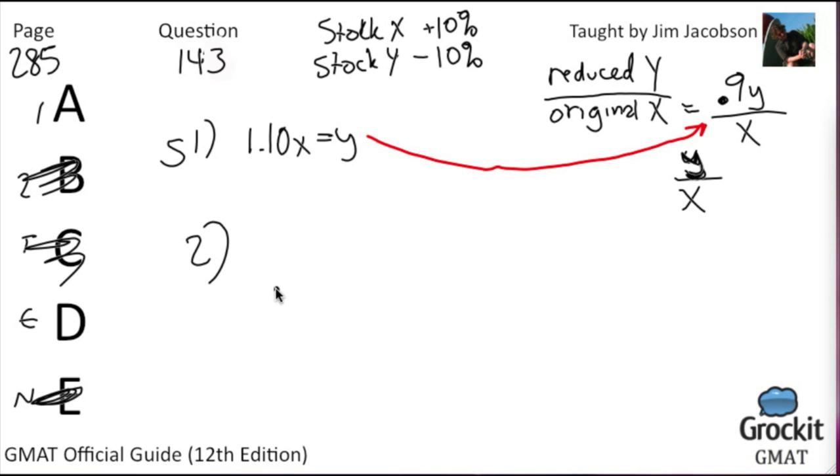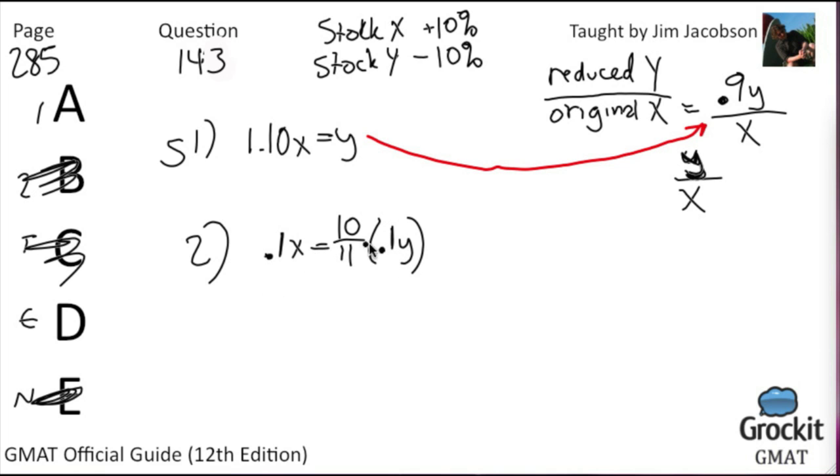So the amount that stock X went up was 10%, that is to say, 0.1X. That was equal to 10/11ths of the decrease in the price per share of stock Y. And of course, stock Y went down 10%, so that is also 0.1Y.